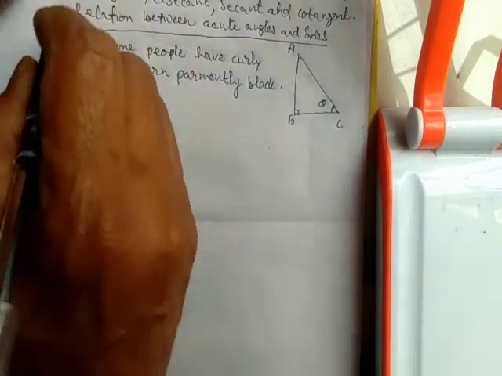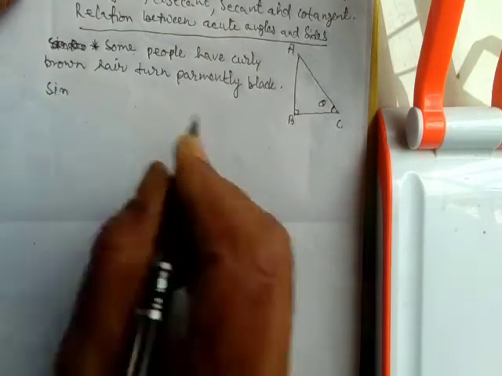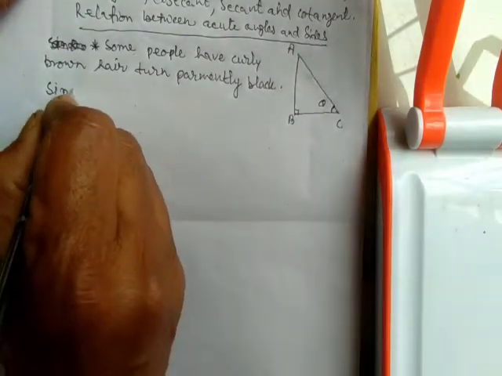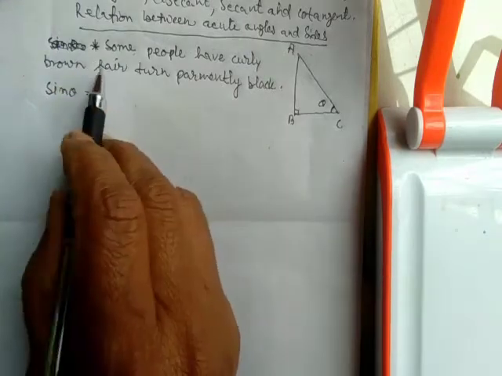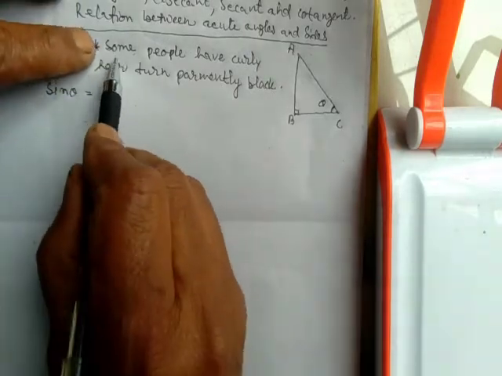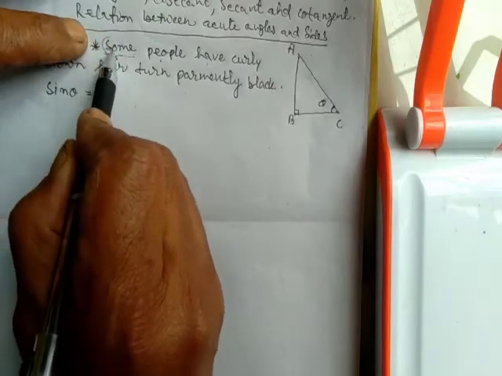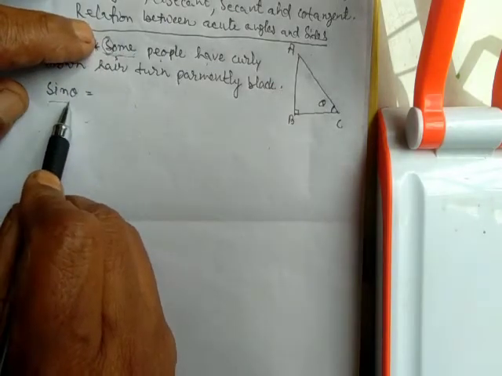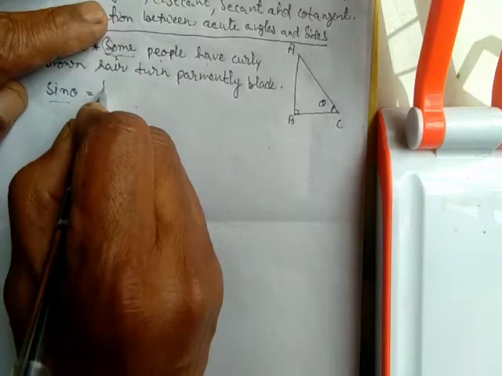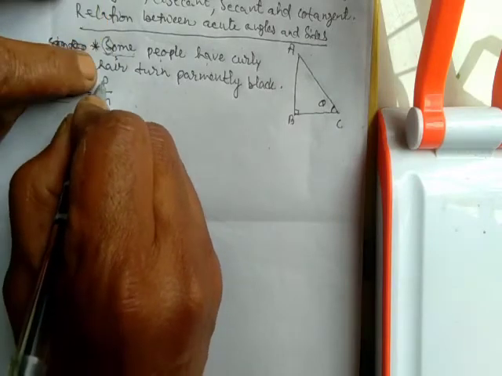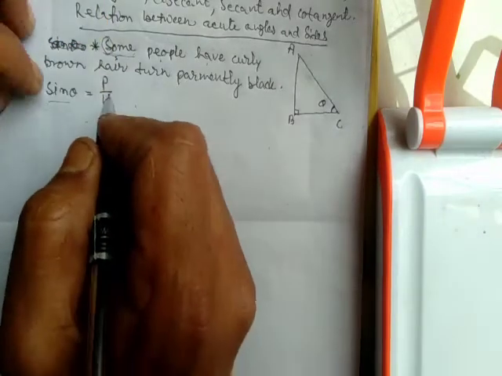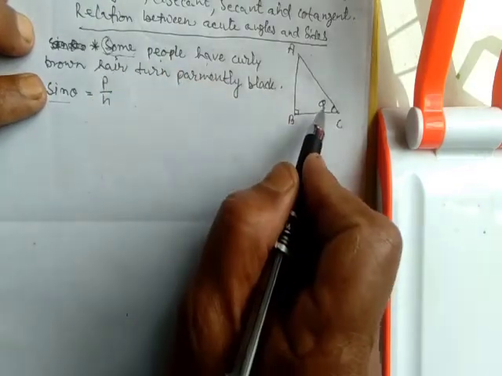Sine theta is equal to, this sentence says, Some People Have. The first S stands for sine. People have P by H, perpendicular by hypotenuse. Which angle are we talking about?